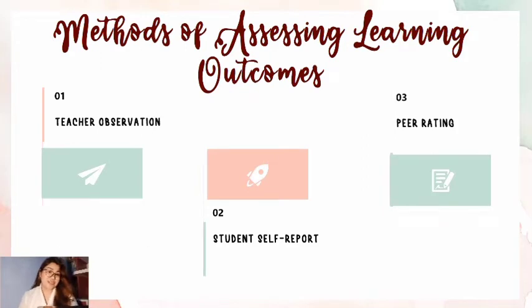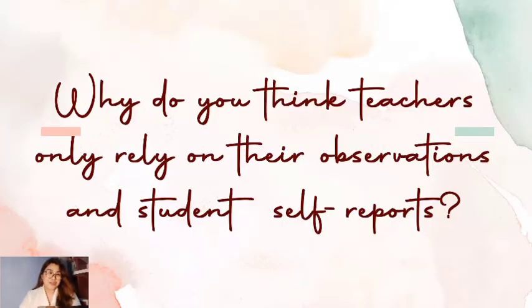There are three different methods of assessing effective learning outcomes, and these are the teacher observation, the student self-report, and the peer rating. So why do you think teachers only rely on their observation and student self-report?